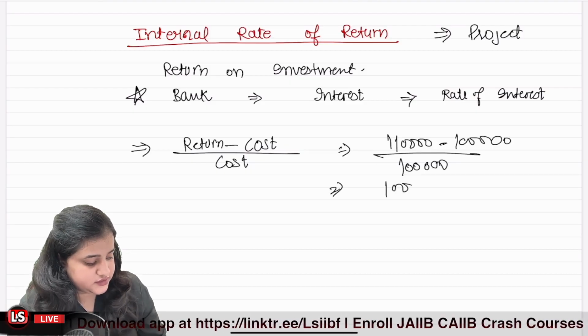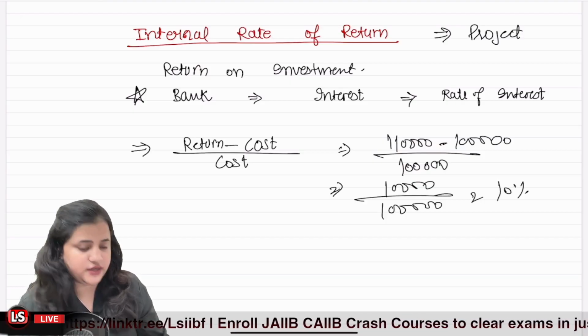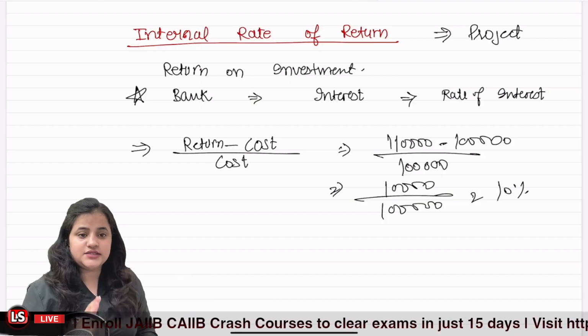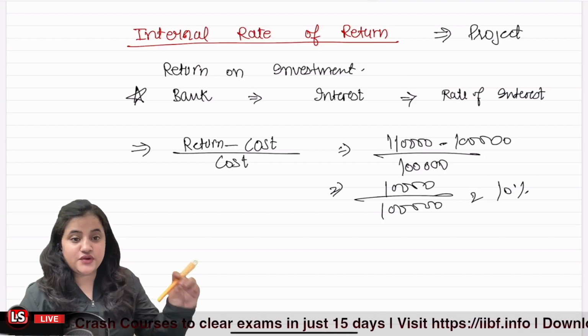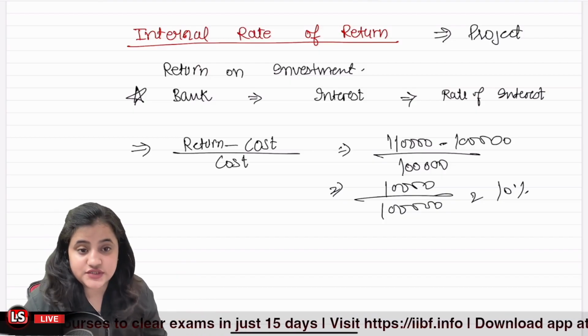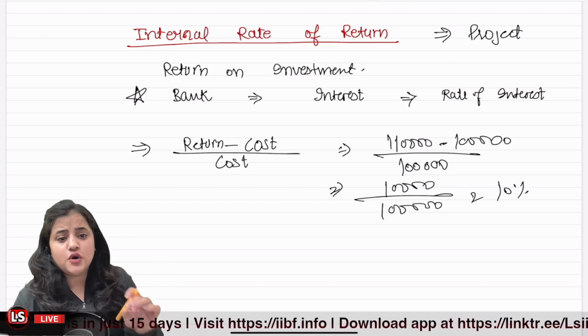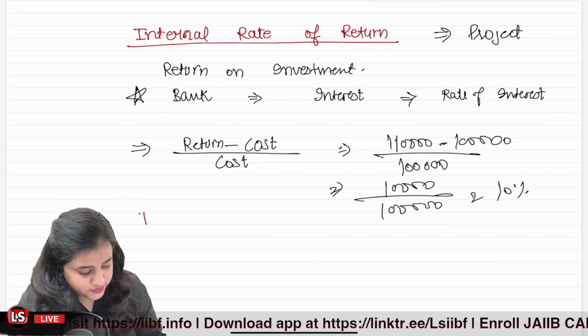My return is 10,000 divided by 1 lakh, that is 10%. Isn't that how we calculate the return on all our projects? The answer is yes. But in a practical scenario, we know that we cannot always use this formula, because we have one small barrier, which is called the time value of money.